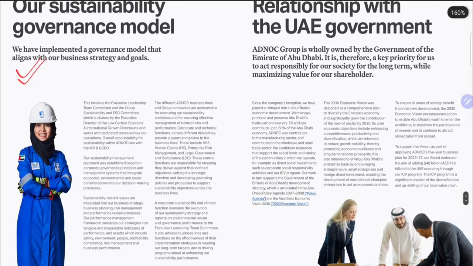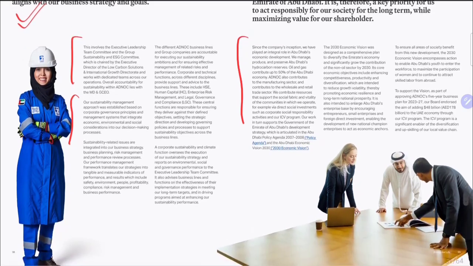The sustainability and governance model details are available here, how this functions, and the company has implemented this. And again the relationship with the UAE government, how the corporate governance model works and how it has been integrated with the UAE government structure. You see this detail is available here.